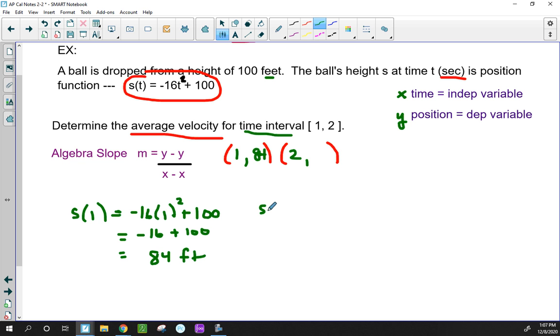Now we've got to go to the position function, s of t, put 2 in place of the seconds. See what happens with this equation. That's going to be negative 16 times 4 plus 100.